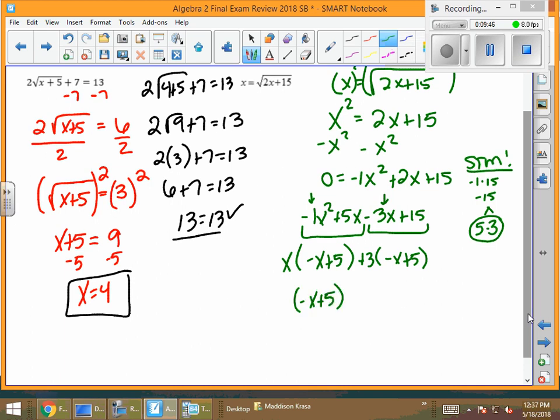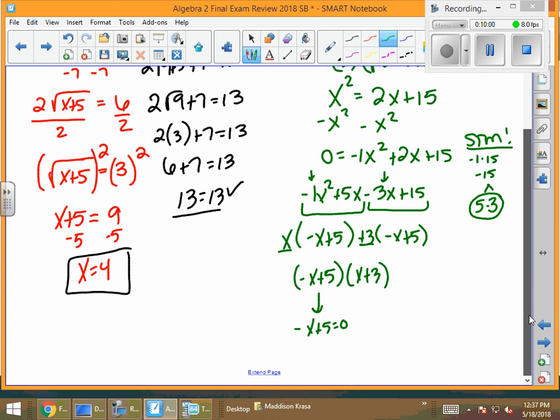So -x plus 5, since that's in my parentheses, that's one answer. x plus 3 is my second answer. I get that from these outside parts. So here, if we solve that, we get x equals 5. And then our x plus 3. Subtract that 3 over, we get x equals negative 3.